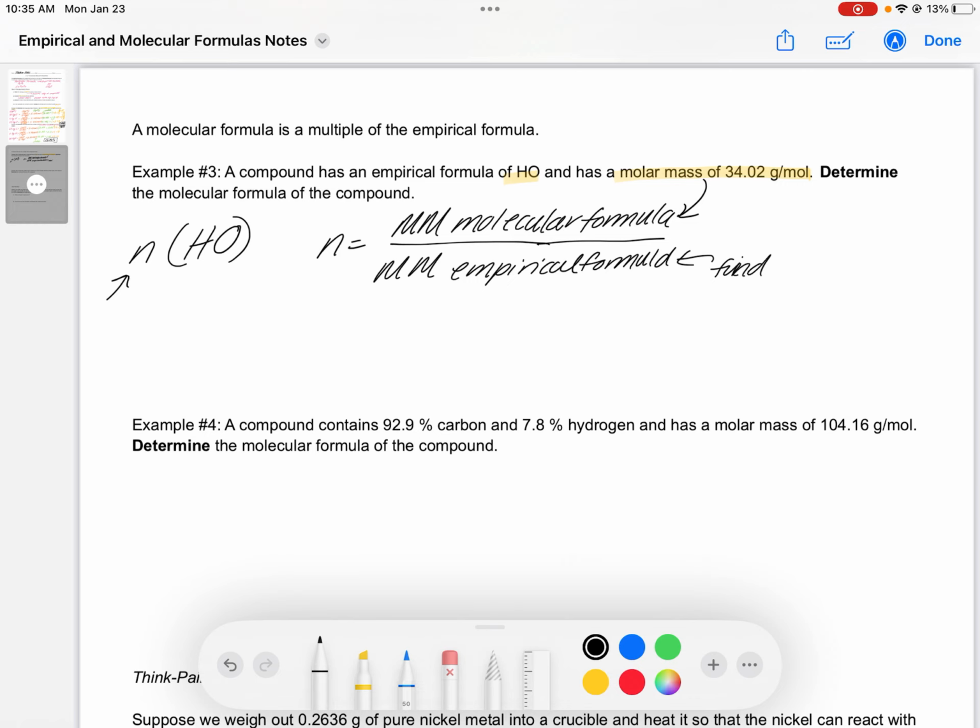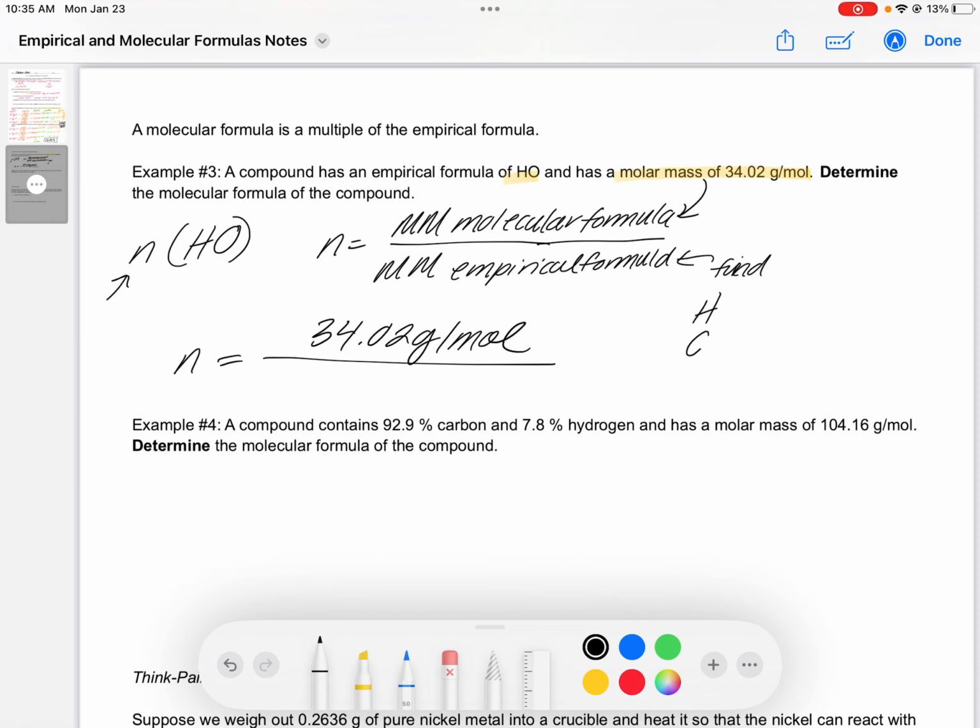Sometimes they might be the same, but if they're not, then the molar mass of the molecular formula will always be larger. So we at least know the molar mass of our molecular formula, that is 34.02 grams per mole. That's been given to us. For the empirical formula, we have to calculate it just like we would calculate all other molar masses.